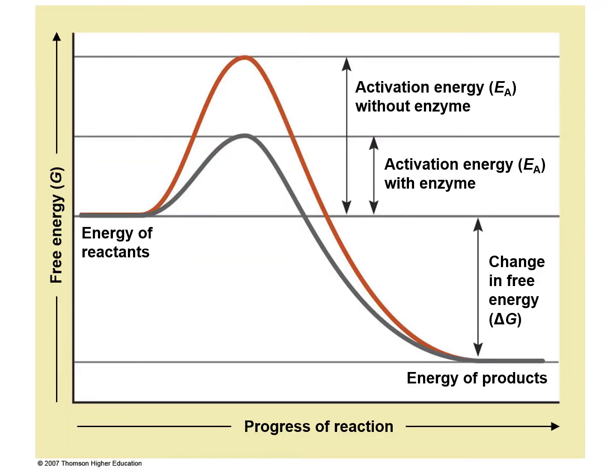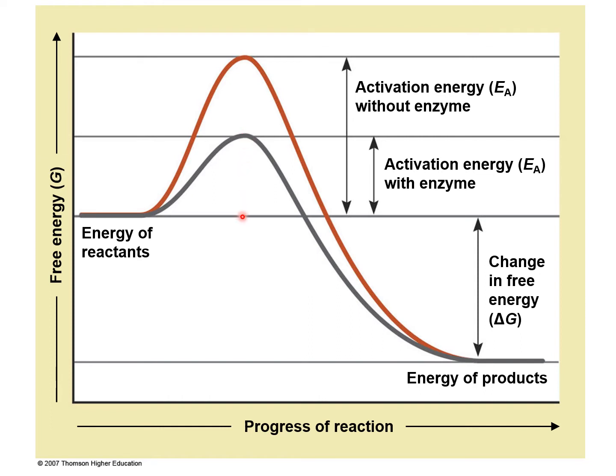So this graph just shows the activation energy with and without an enzyme. So the line in red shows the activation energy without the enzyme, and then in gray is the activation energy with the enzyme.